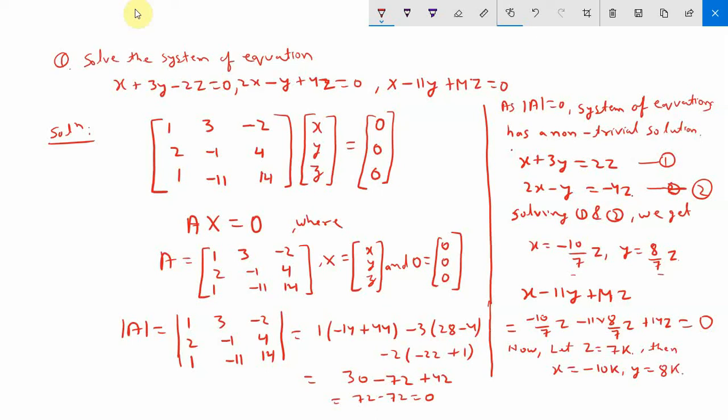Okay, hence x equal to minus 10k, y equal to 8k and z equal to 7k are the required solutions.